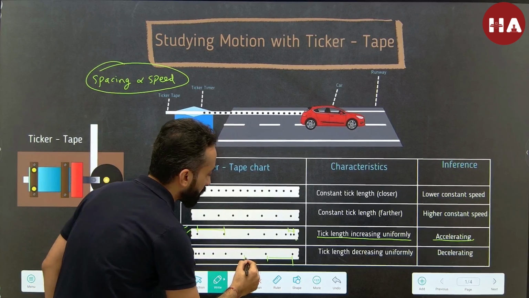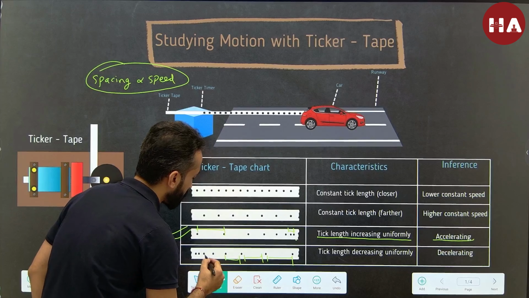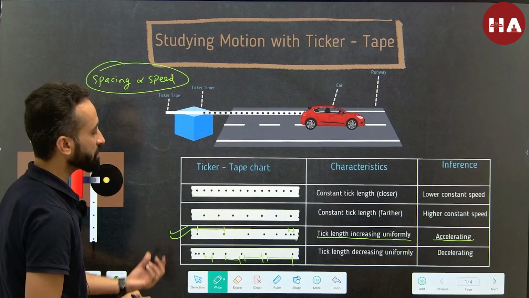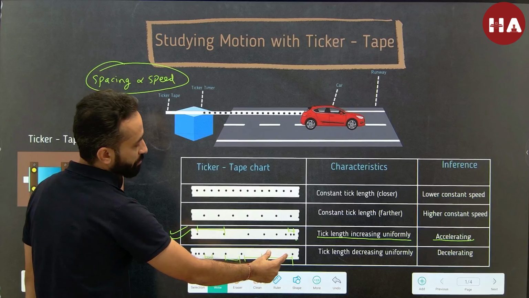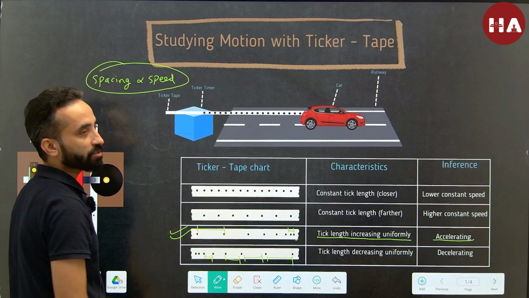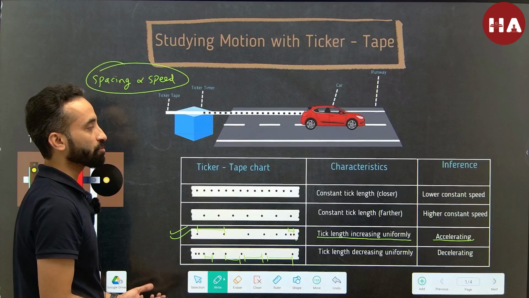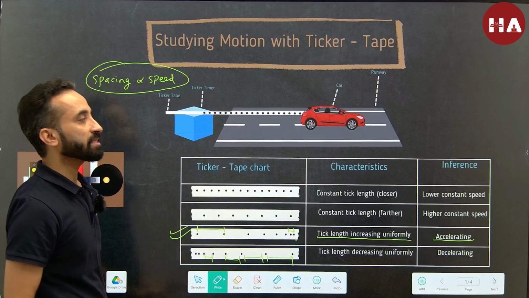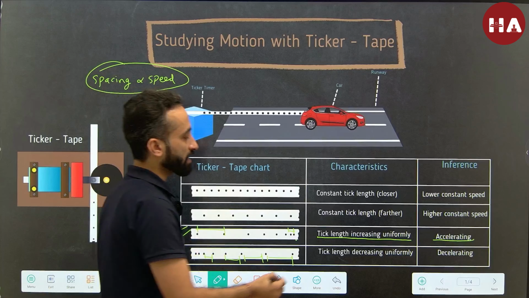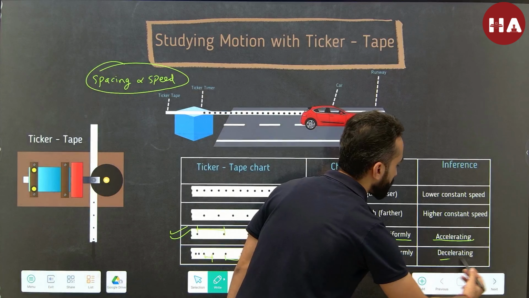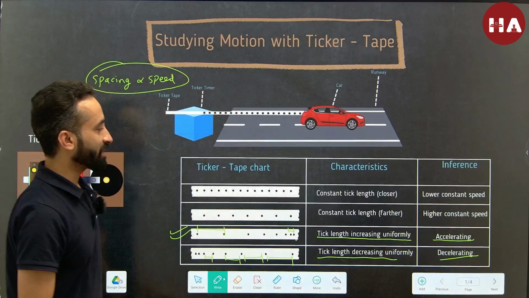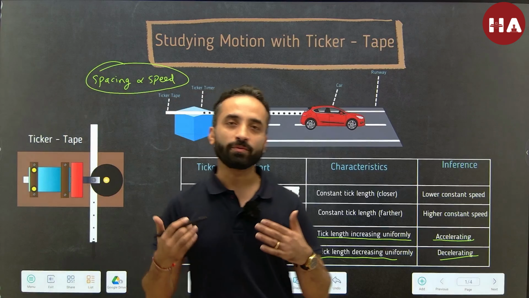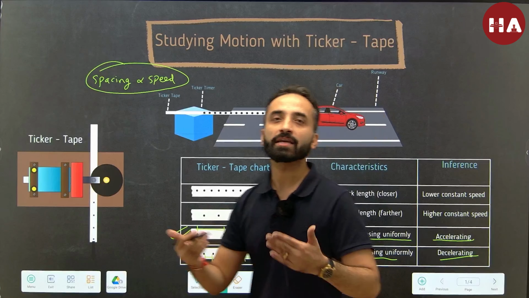Then it is becoming less, even less. So that means the speed is continuously reducing. What happens when speed is reducing? You will say that the object is decelerating. So that is the case of deceleration. Okay, so I hope you have understood how a ticker tape functions.